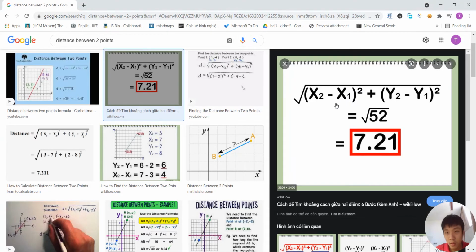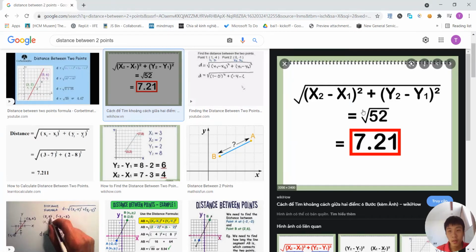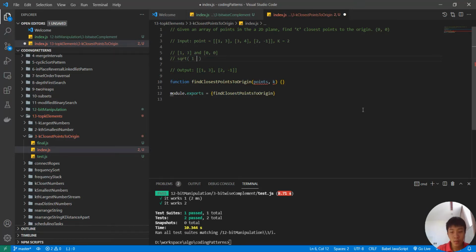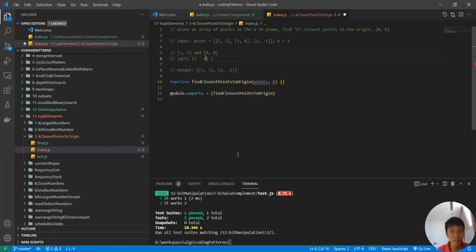Wait a minute. Oh no. Sorry, 1 minus 0, the square, plus 3 minus 0 square.